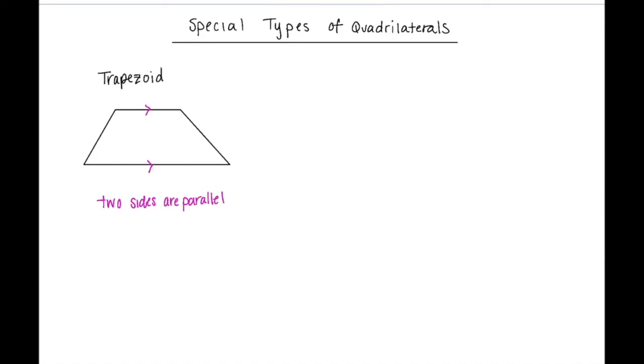Now, if I want all 4 sides to be parallel, that is called a parallelogram. Again, nothing about the angles, nothing about what those have to measure. But these 2 sides run parallel and they're going to be equal to each other. And likewise, these other 2 sides run parallel and they're going to be equal in length.